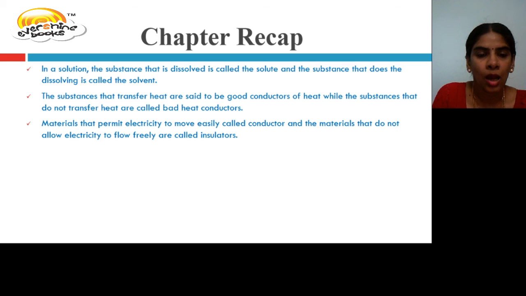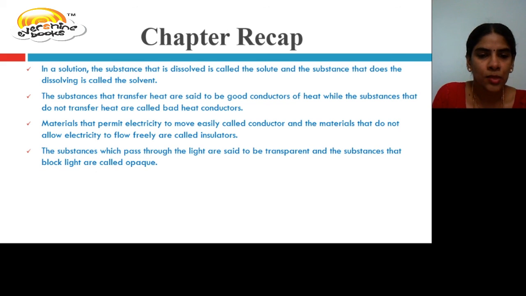Materials that allow electricity to move easily are called conductors, and the materials that do not allow electricity to flow freely are called insulators. The substances which let light pass through are said to be transparent, and the substances that block the light are called opaque substances.